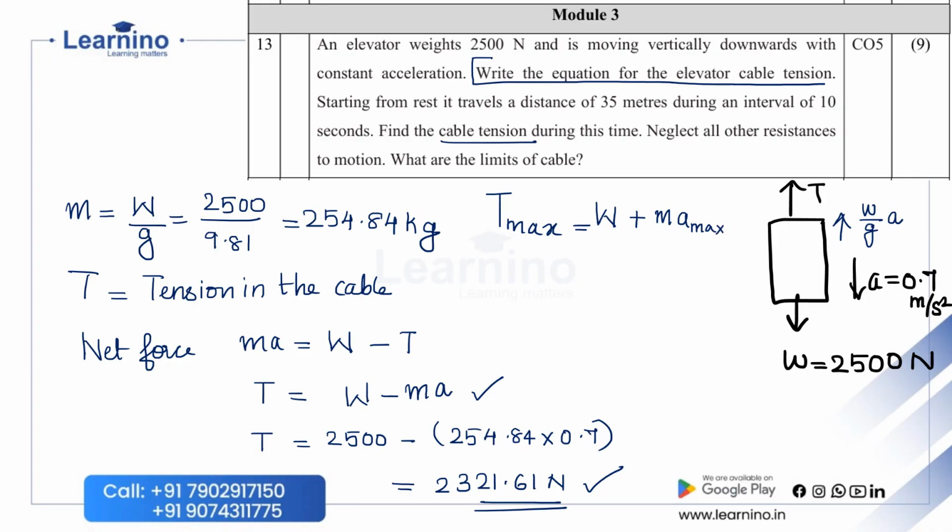That is the limit. And my minimum tension will be W minus mass into maximum acceleration. It will be the minimum tension. And there can be a condition where tension is equal to 0. So these are the limits of the cable.